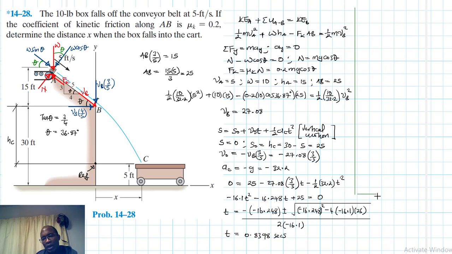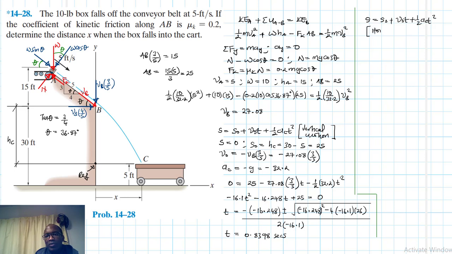So once we find the time, we can now employ another kinematic equation, the same one but in the horizontal direction. So S naught plus V naught T plus half AC T squared.